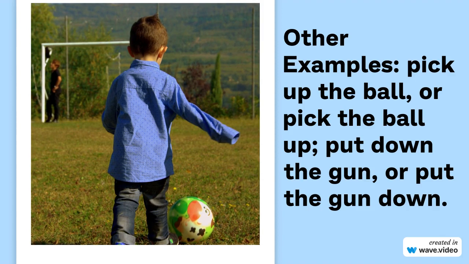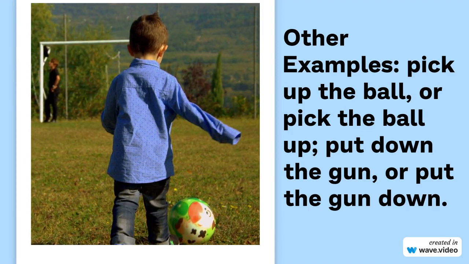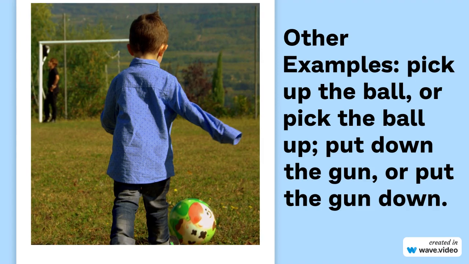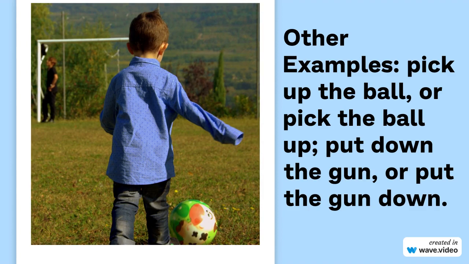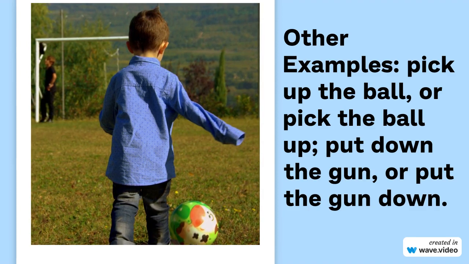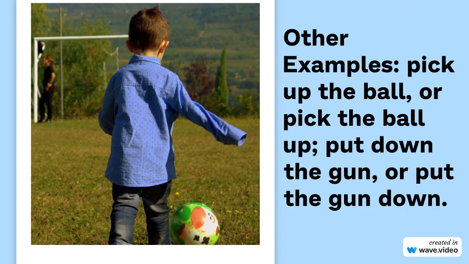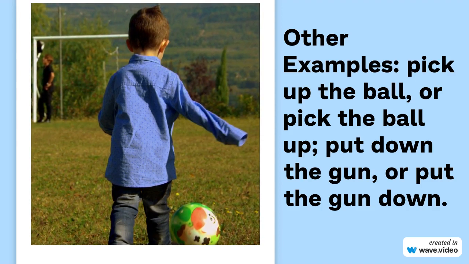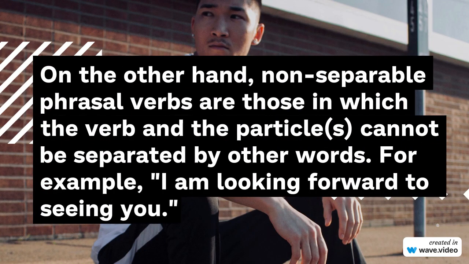Pick the ball up, we have inserted the ball between pick and up. In the second example, put down the gun, we have used the phrasal verb together, put down. In put the gun down, we have inserted the gun between put and down. So these are examples of separable phrasal verbs.